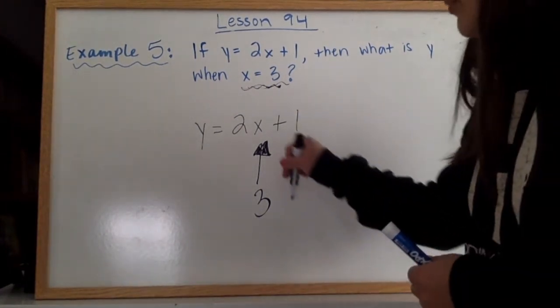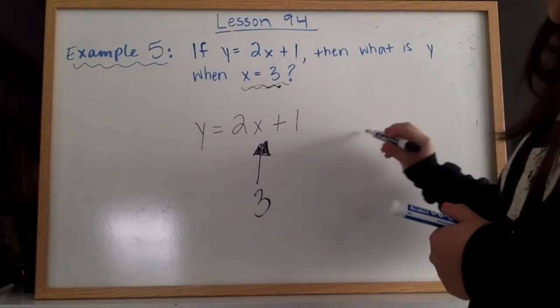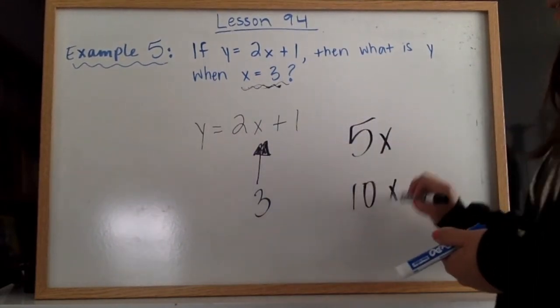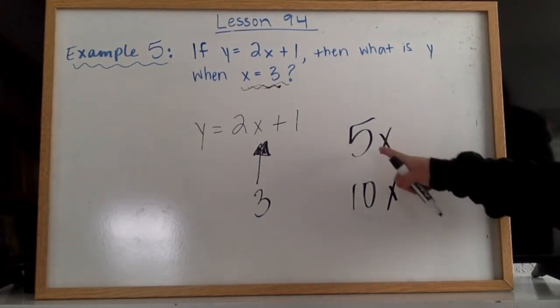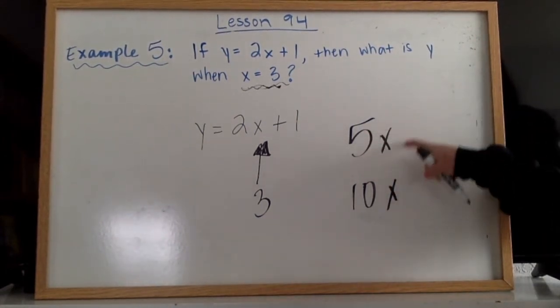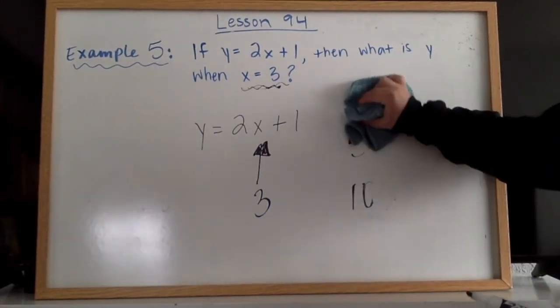So when we see a 2x like this, or any number, it could be 5x, 10x, that always means that we're multiplying this number times whatever that variable is, okay, or that unknown number.